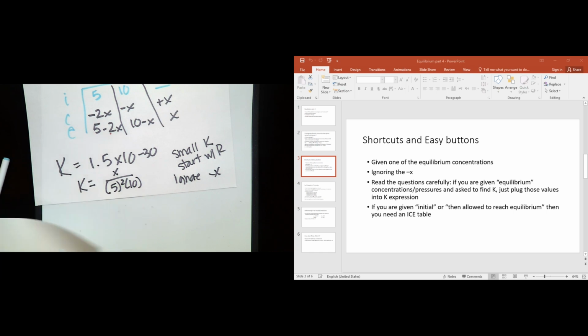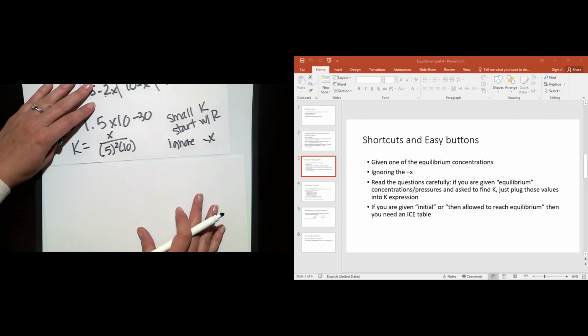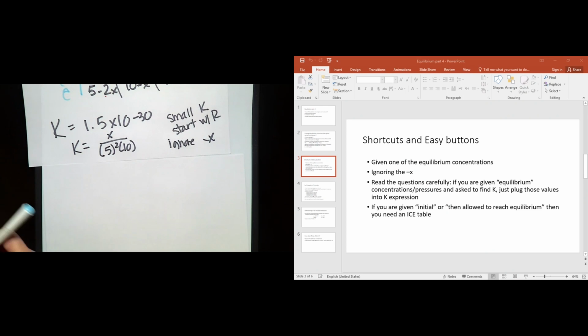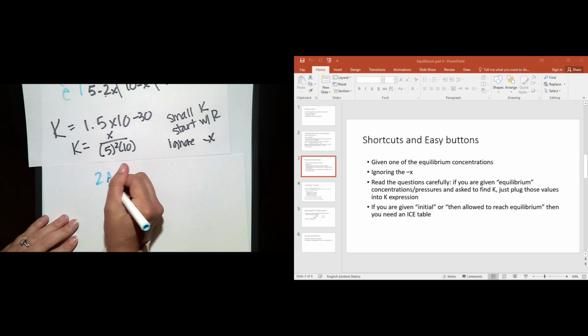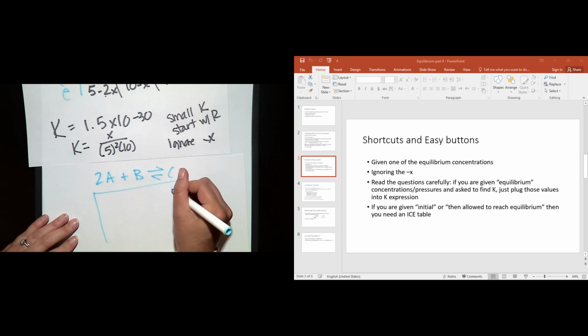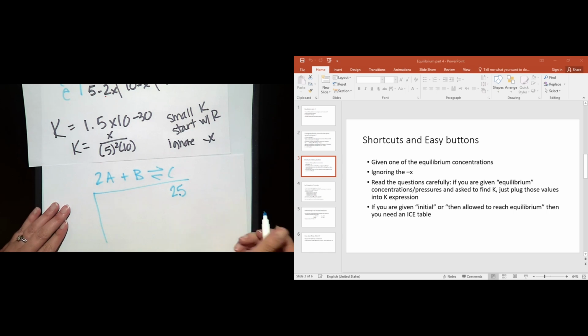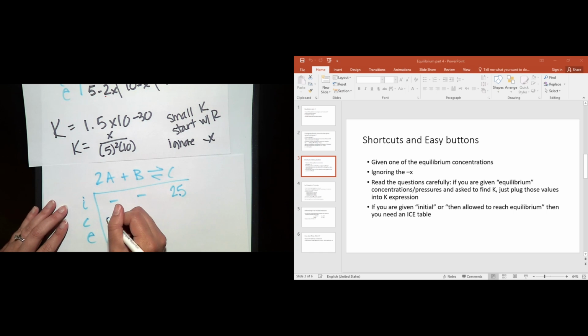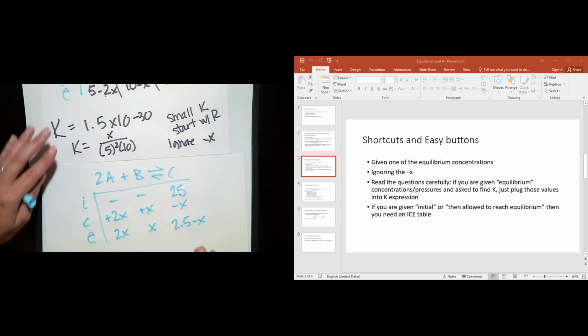Here's the other example. If we have a very large K and we are starting with only products, so let's say we are starting with 2.5 and we don't have any, so this is plus 2x, plus x, minus x, 2.5 minus x, x and 2x.